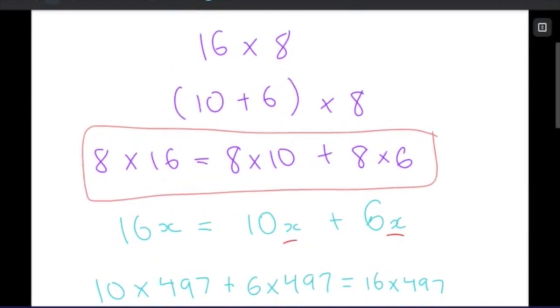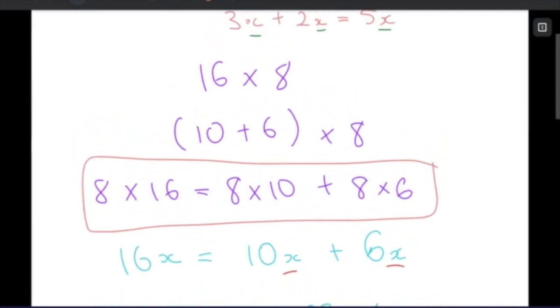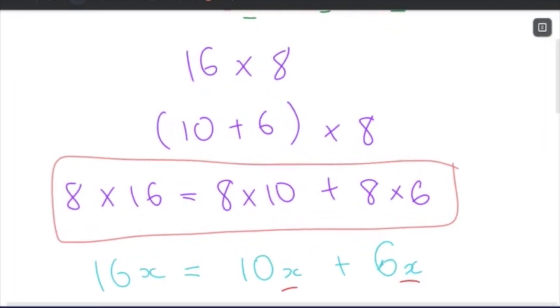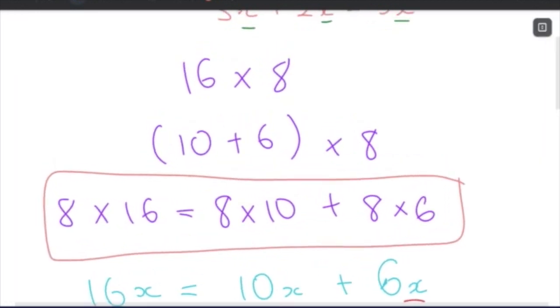And this is based on the rules of arithmetic that we have been introduced to, and we also intuitively approach certain problems like this.